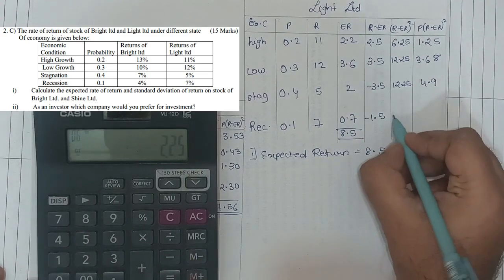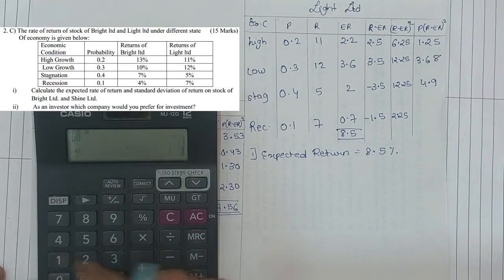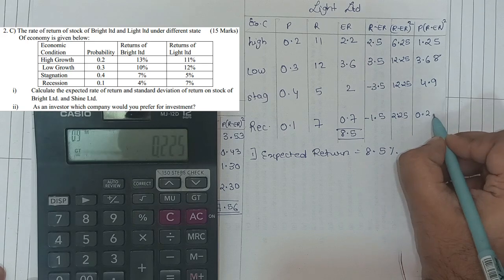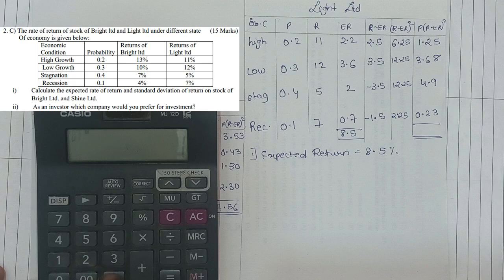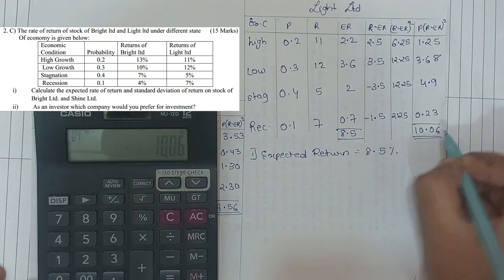The square of that is 2.25 into 0.1, which is 0.225, so make it 0.23. We add up all those values, so 1.25 plus 3.68 plus 4.9 plus 0.23, we get the value as 10.06.